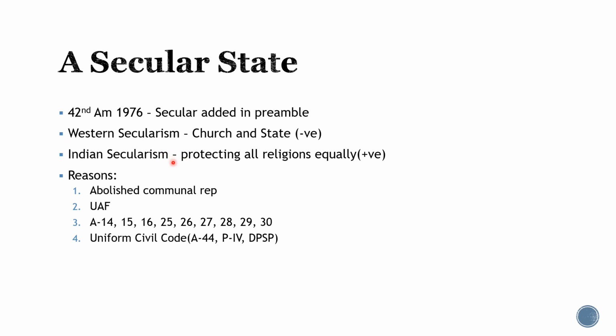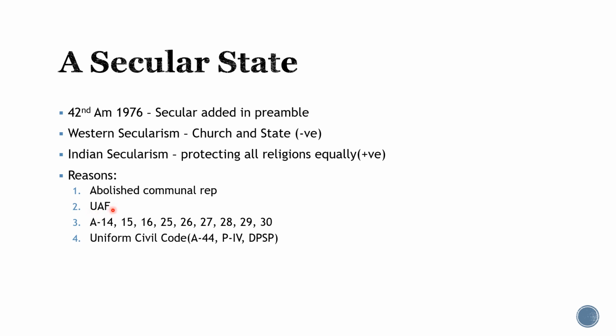The reason why India is a secular country is that we abolished the communal representation, which was the separate electorate system that was introduced by the British when they were ruling. Then we have universal adult franchise, and this is one of the very important features that as soon as the constitution was adopted, we had universal adult franchise, which means everybody gets the right to vote after a certain age. For us, it's 18.